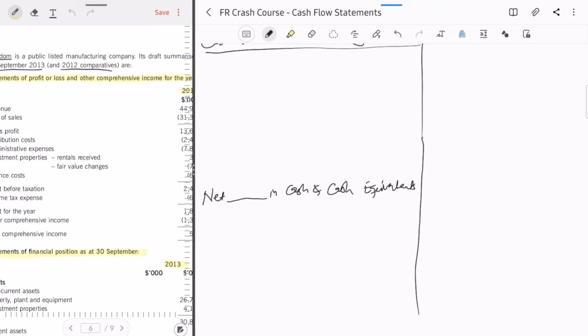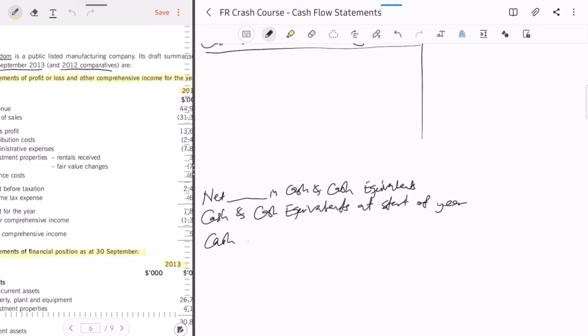Then my next line will be cash and cash equivalents at start of year.